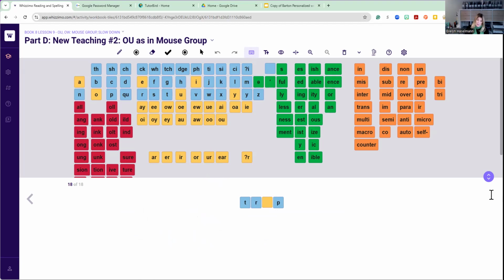So they'll have to look that one up, and same with the word troop. If they do look up troop, there is the French spelling of troop, which is the OU, TROUPE. And I always talk about how that one isn't as common. You might see that if you're talking about a circus troop or something like that. Most often when we're talking about troops, like military troops or Girl Scout troop or Boy Scout troop, it will be the OO.